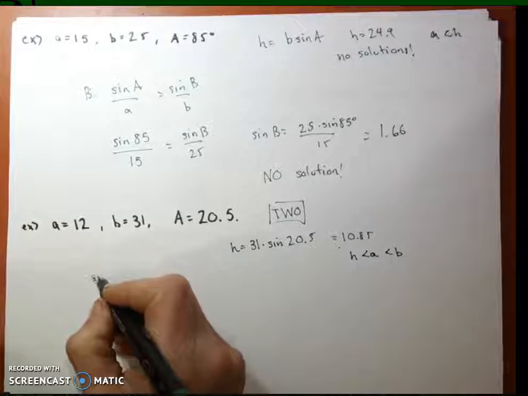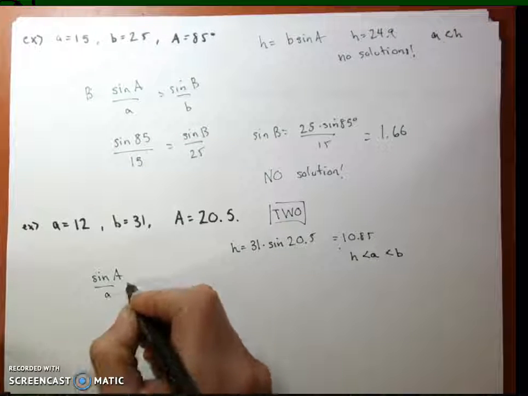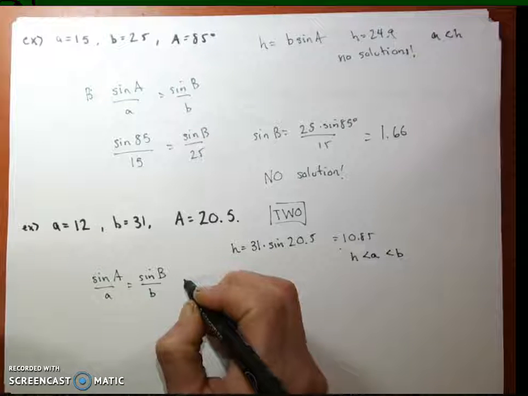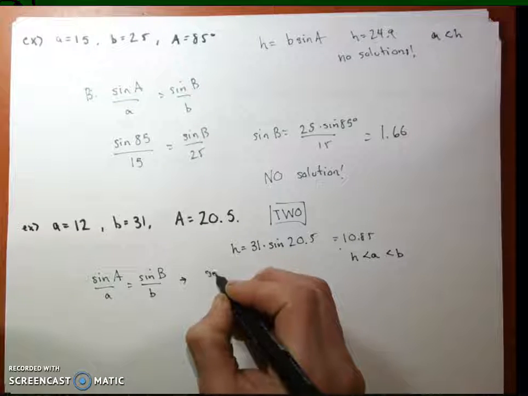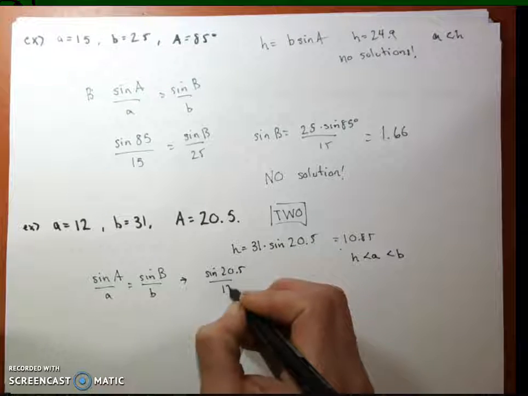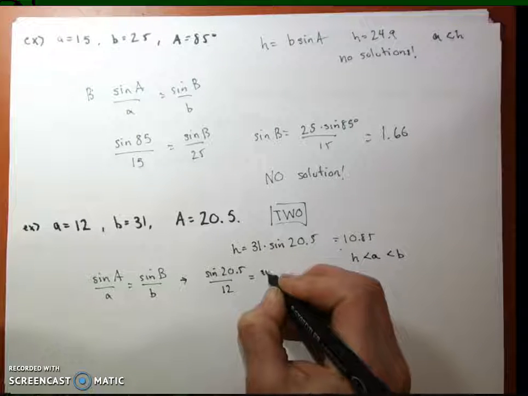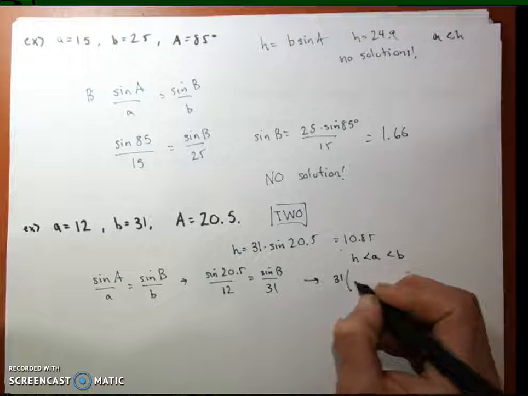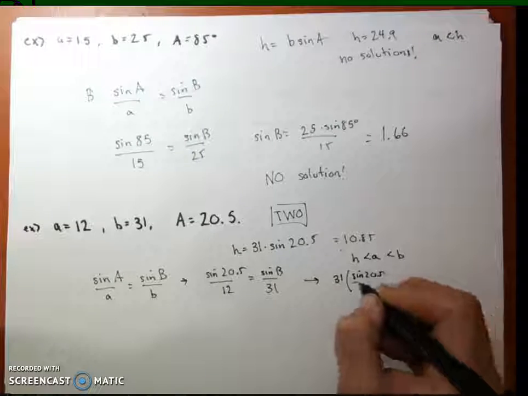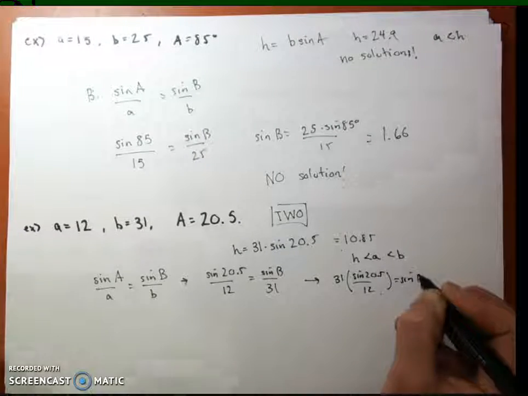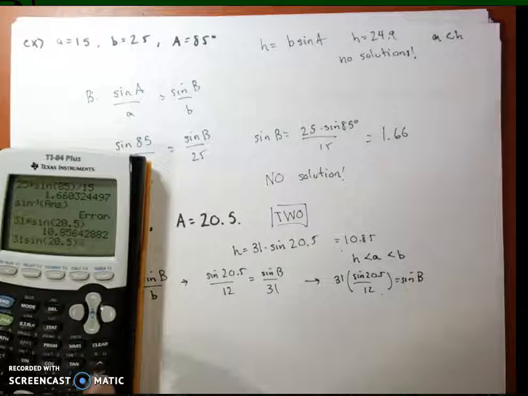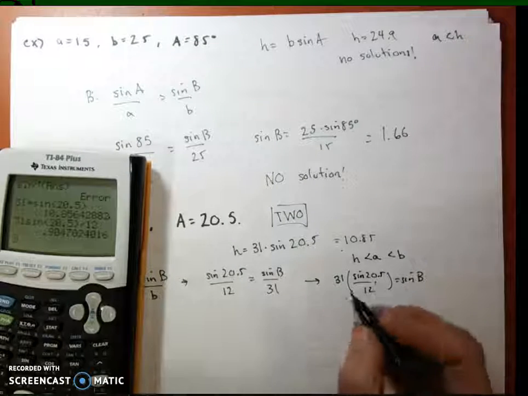So first I'll do sine A over a equals sine B over b. And so I get sine 20.5 over 12 equals sine B over 31. So 31 times sine 20.5 over 12 equals sine B, and then I'll take inverse sine in order to get B.